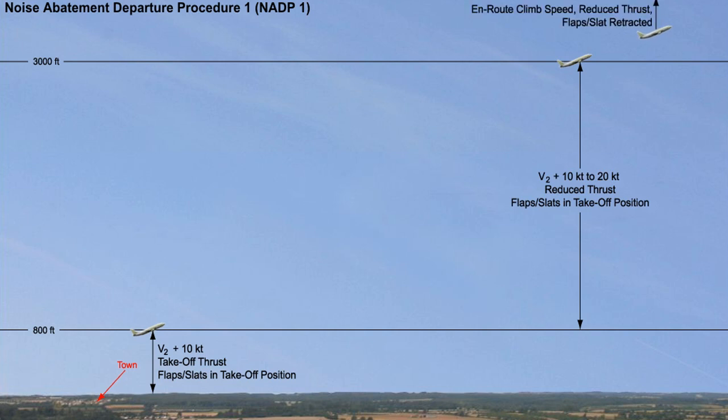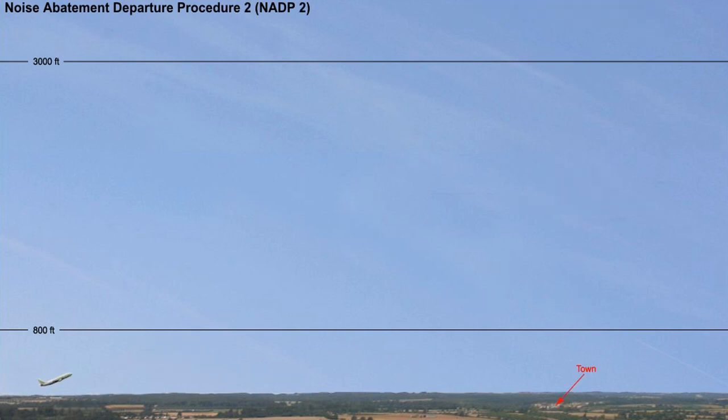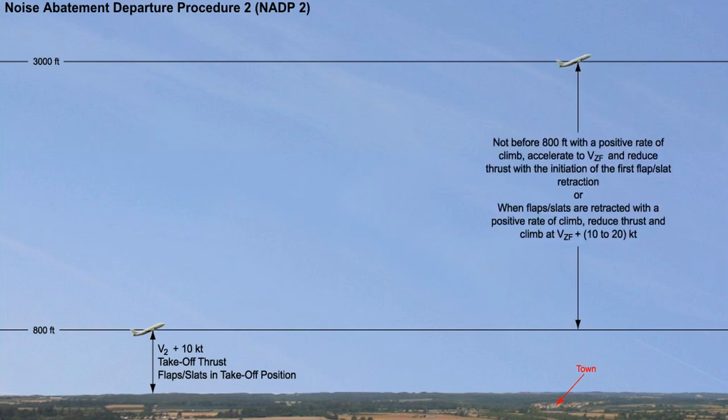Noise Abatement Departure Procedure 2 involves initially climbing to 800 feet at no less than V2 plus 10 to 20 knots. On reaching 800 feet above aerodrome level, decrease aircraft pitch and, while maintaining a positive rate of climb, accelerate towards zero flap speed, VZF, and reduce power with the initiation of the first flap or slat retraction.